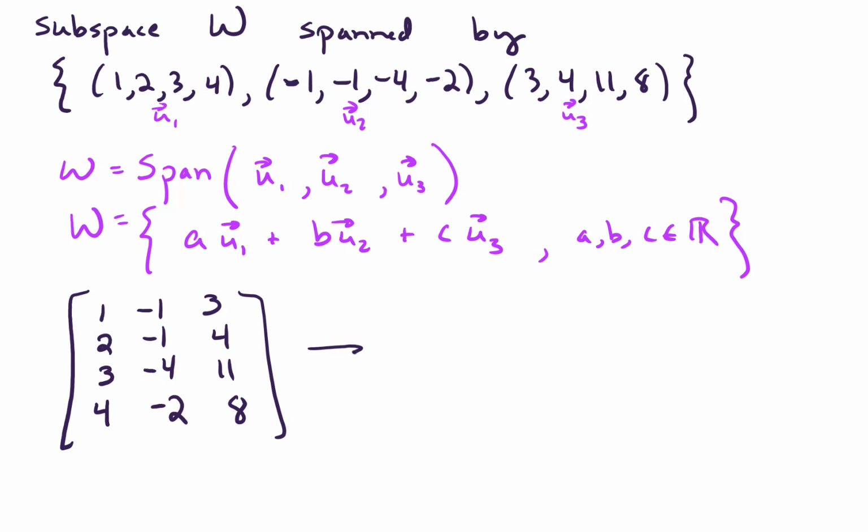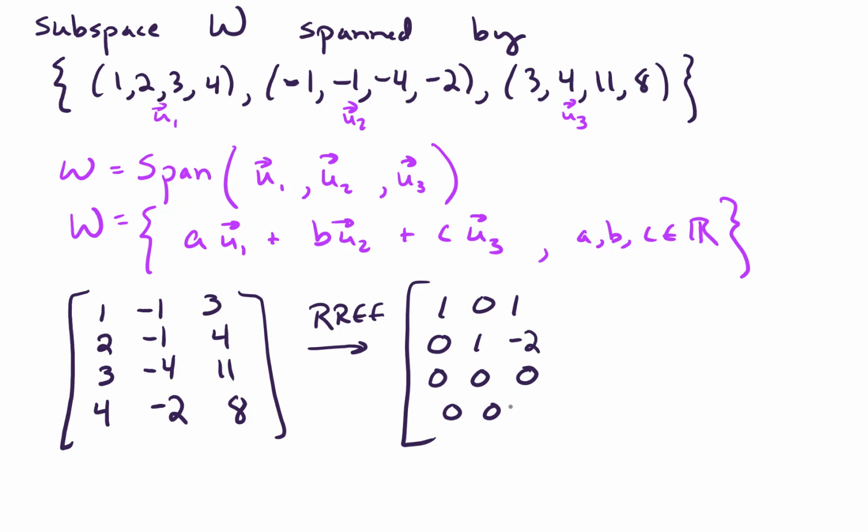And if we put this in reduced row echelon form, the matrix that we get out looks like 1, 0, 1, a 0, 1, negative 2, and the bottom two rows are all zeros.